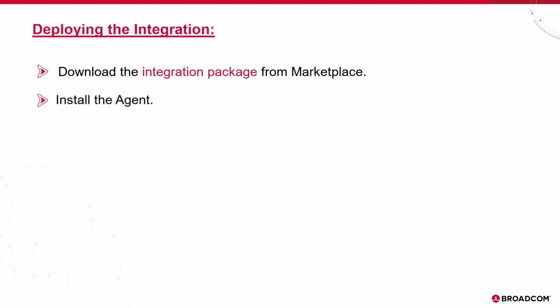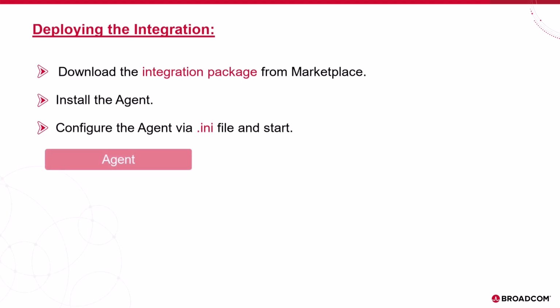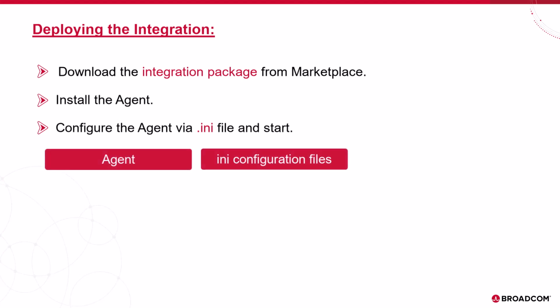The procedure to deploy the Google Cloud Run integration is as follows. First, we download the integration package from the marketplace. This package contains all the necessary elements. We unzip this package, which produces a directory containing the agent, the INI configuration files, and several other items, like the start command.